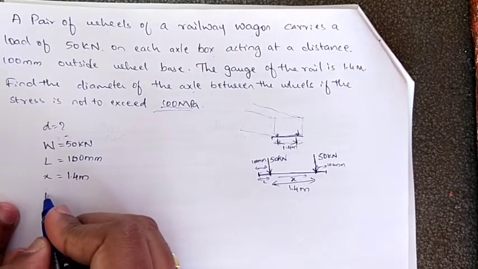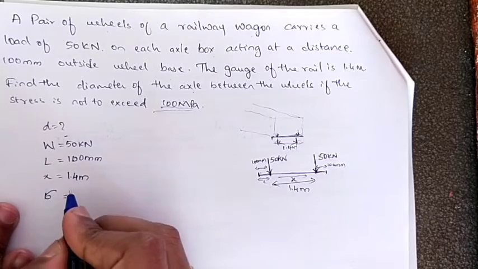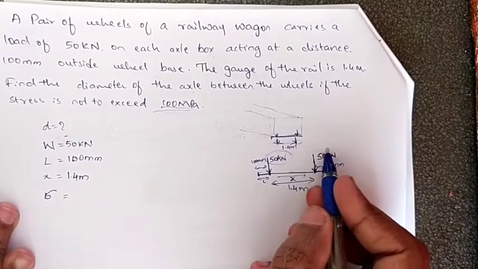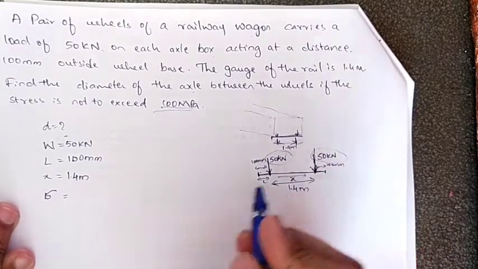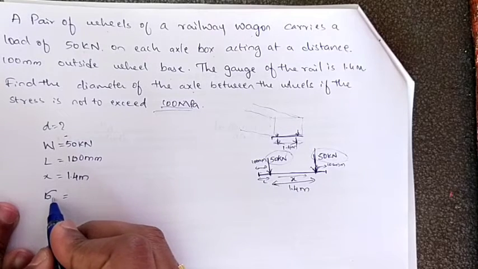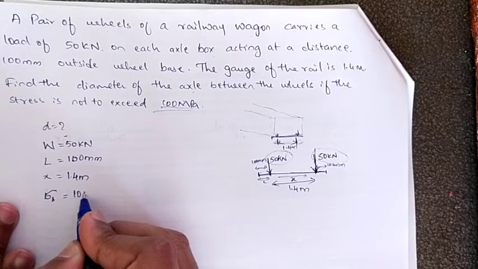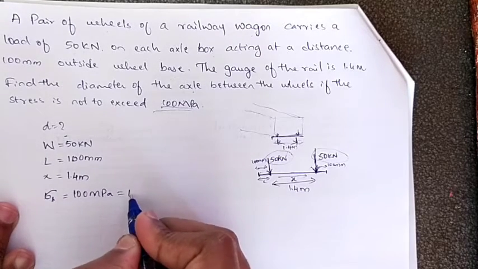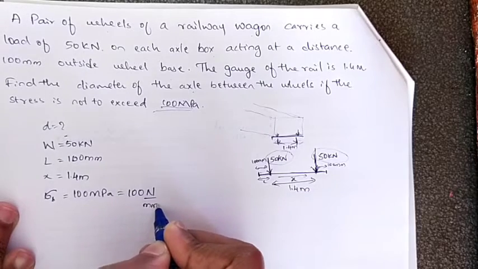So the stress is not tensile stress. When the force is acting like this, we should not use shear stress, so it is bending stress. So sigma b is equal to 100 megapascal. Mega you can directly write as 100 Newton per mm square.